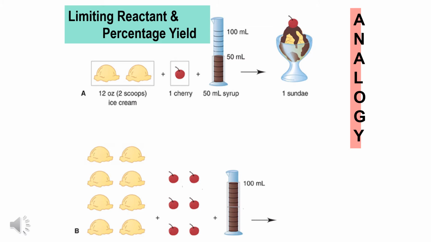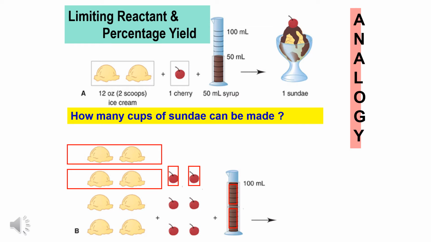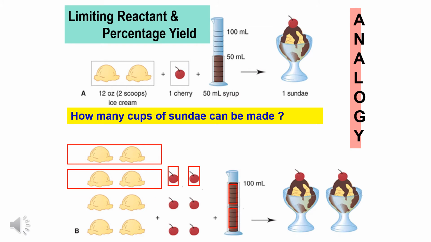What do you think? How many cups of sundae can be made? 100 milliliter syrup, 2 cherries and 4 scoops ice cream to make 2 sundaes.